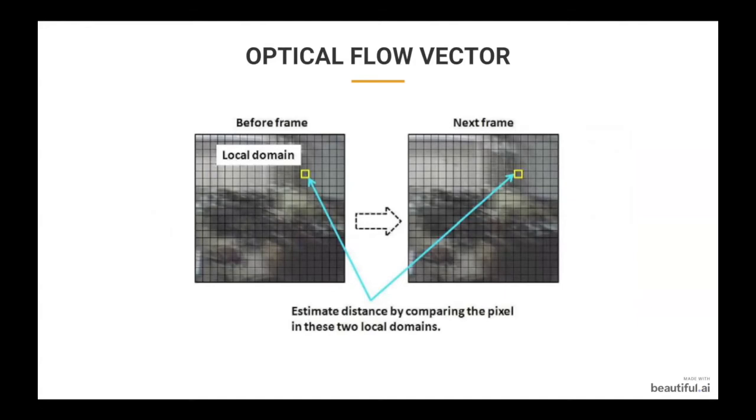For every pixel, we come up with a 2D vector. That gives you the displacement and the direction of displacement compared to the previous frame. So what it means is how much the pixel has moved compared to the previous frame.